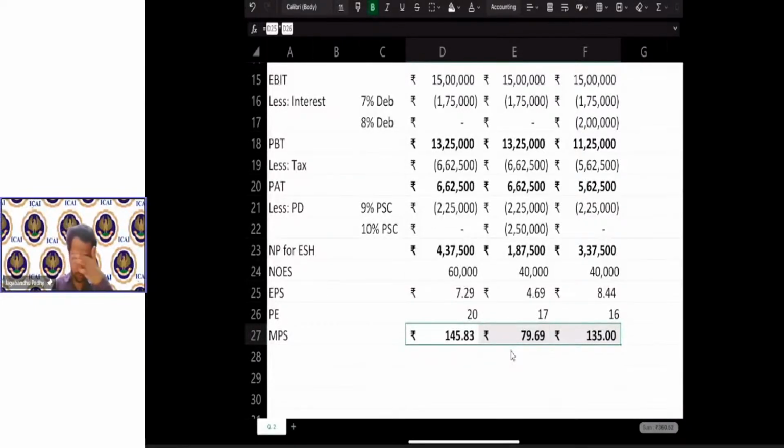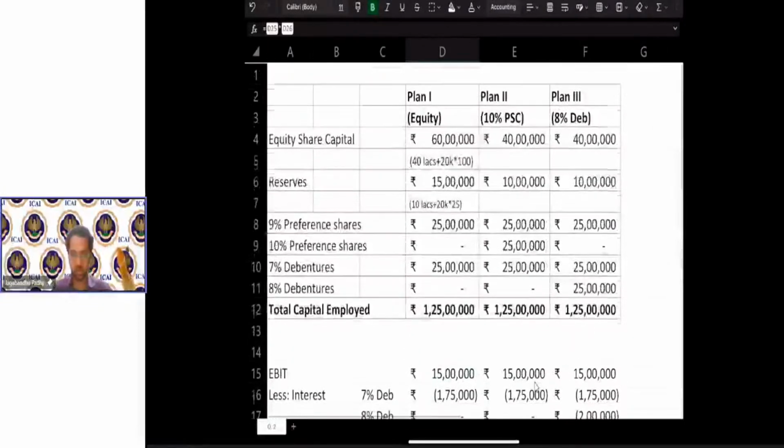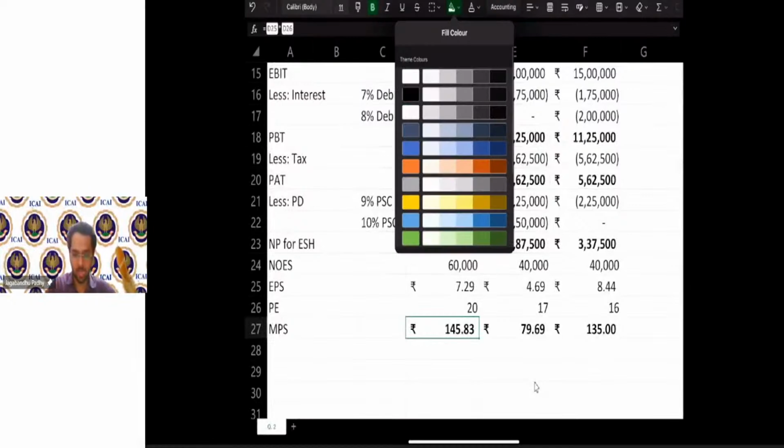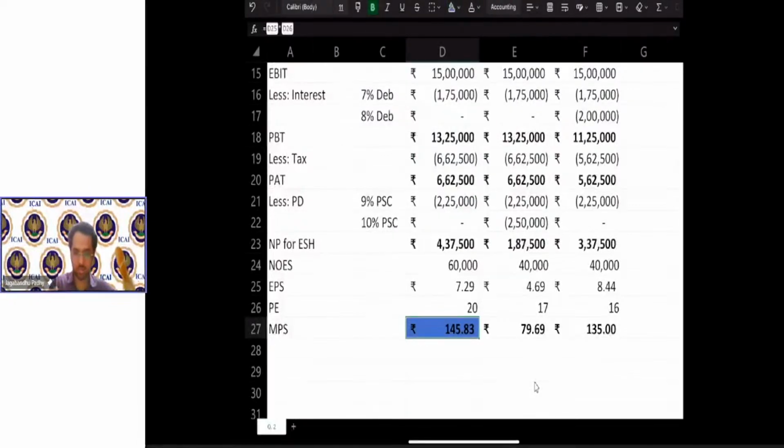So of course, the natural choice among the plans will be the first plan, because that's the plan wherein we have the highest possible market price per share.